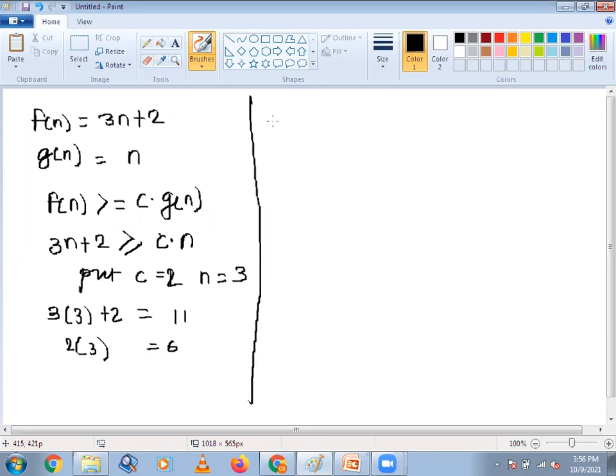Then put c equal to 3, n equal to 3. It gives 3 into 3 plus 2 is equal to 11, and 3 into 3 gives 9.